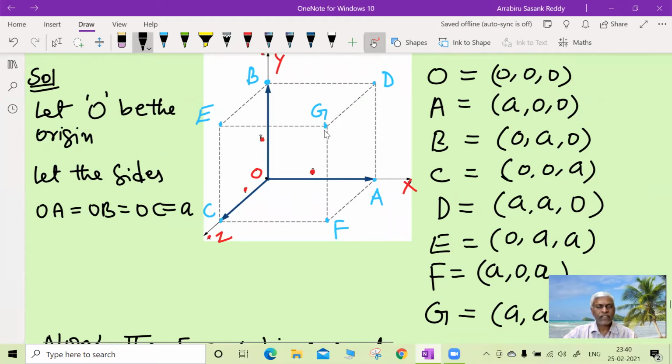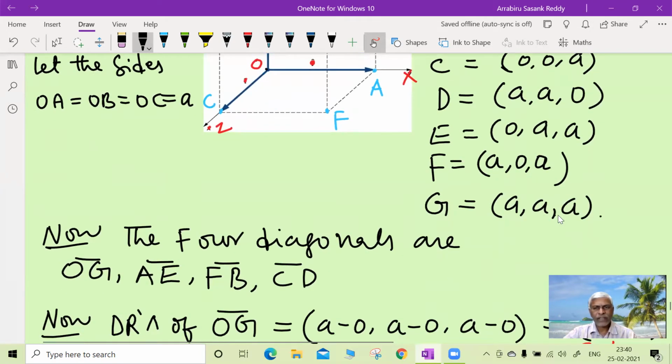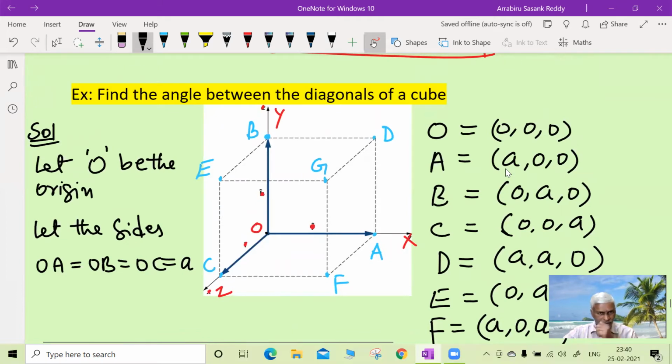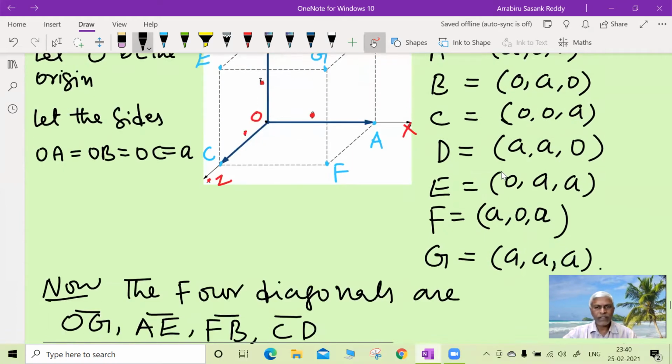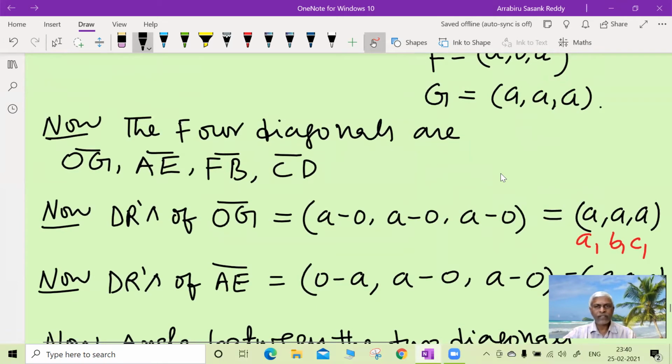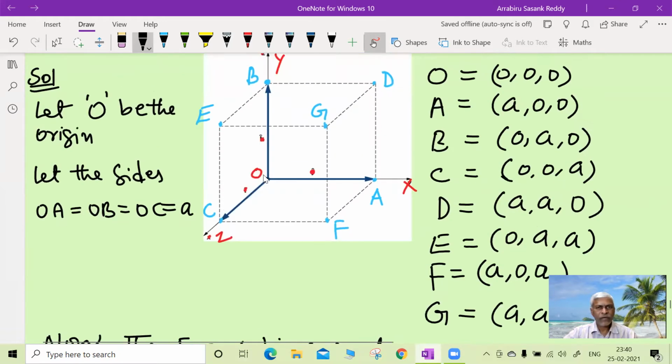And G lies on all the planes, so the coordinates of G are a, a, a. So taking all 8 points and the 4 diagonals, OG, AE, FB, CD.